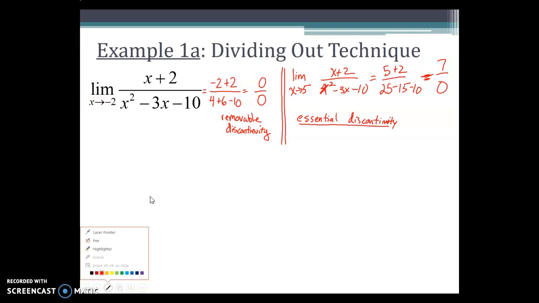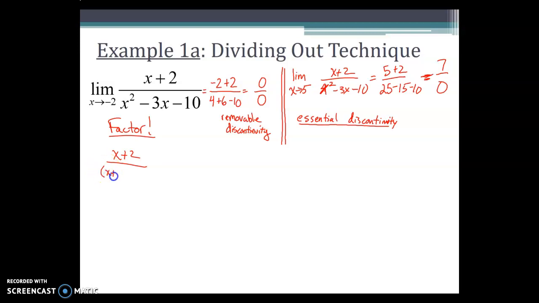Let's talk about how to find the limit in this particular thing. And so what you're going to have to do is factor. All right, so what's going to happen is somewhere in this is something that's creating a 0 over 0. So in this particular case, if you factor the denominator, what you're going to get is we need two values that multiply to -10 and add to -3.